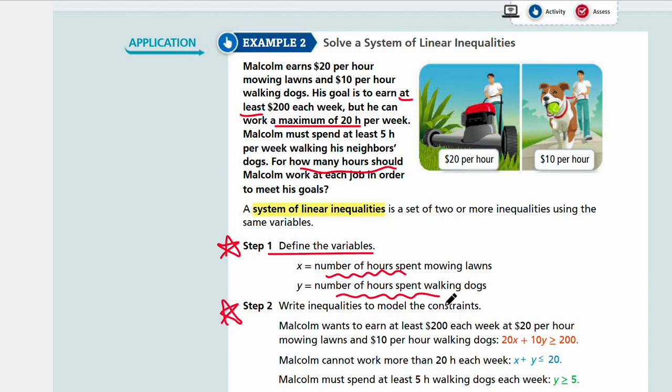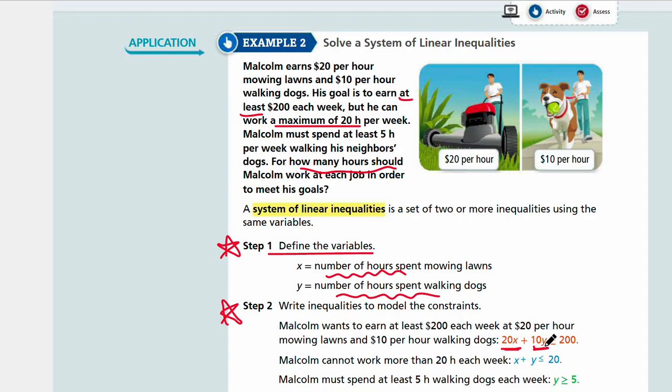Step 2, write inequalities to model the constraints. So first, we can write the first inequality by looking at the rates, right? $20 per hour for mowing lawns. So if you have 1 hour for X, you earn 20, so you can say 20X. If you work 1 hour walking dogs, that would be $10, and how many hours you spend walking dogs would give you 10 times Y. So that's 10Y.